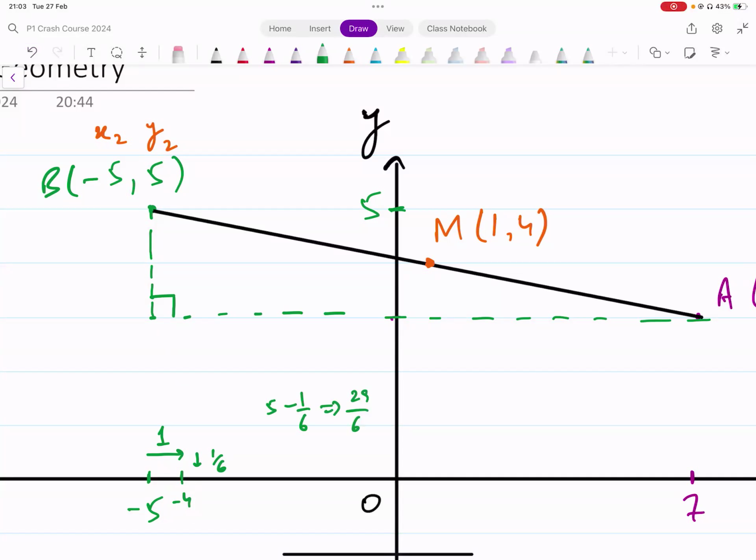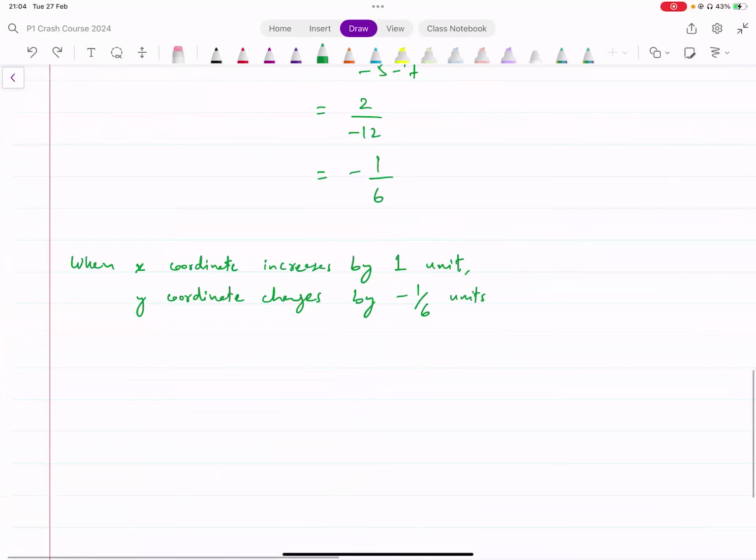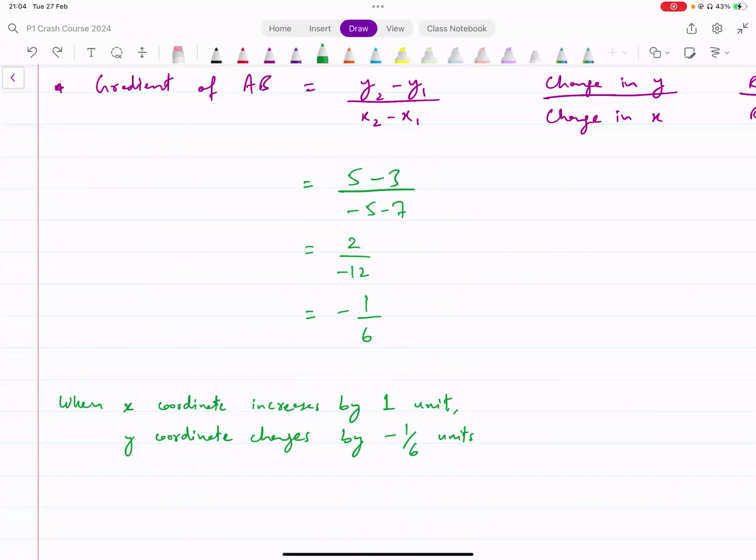So you can check that when x equals minus 4, the y coordinate is going to be 29/6. So that's what the gradient means: for 1 unit increase in x, how much is the y coordinate going to change? Is that okay? That's the idea of gradient.